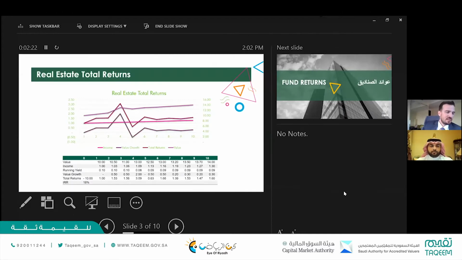Okay, so this slide shows a typical real estate investment, an income-producing asset. The top line there shows value over 10 years. The income line in the middle is a typical net income, which is derived from rent minus expenses.